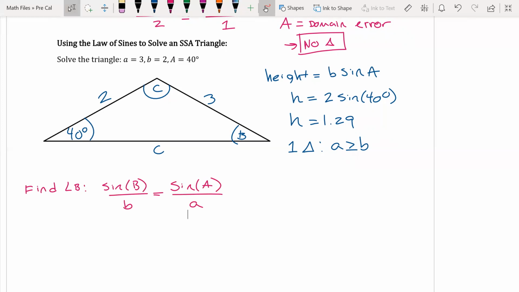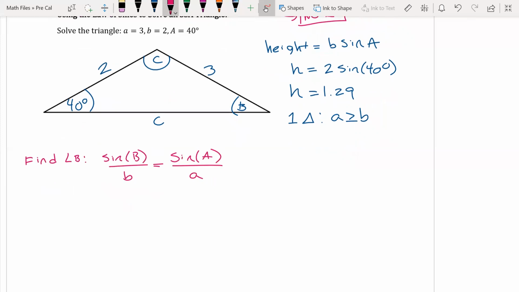Okay. And again, if you want more formulas to solve for angle B at any time, you can use this formula.